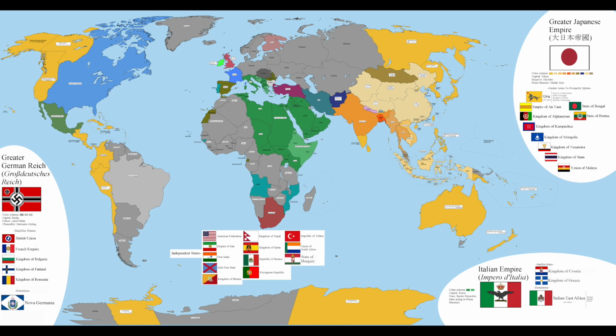Japan also completely taking over Australia, and then you've got Italy and Germany basically splitting Africa in half, with Antarctica at the bottom being split in half between Germany and Japan. Also, Germany gets their hands on Greenland. How amazing is that?